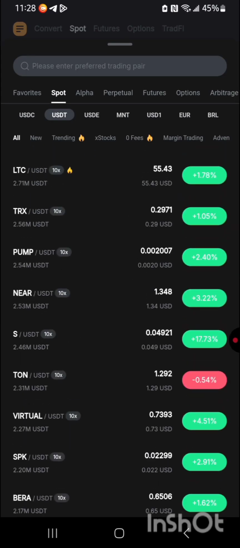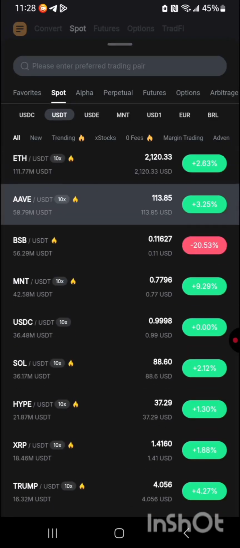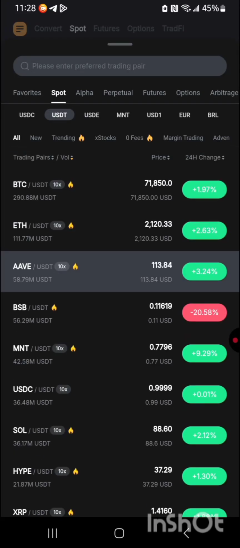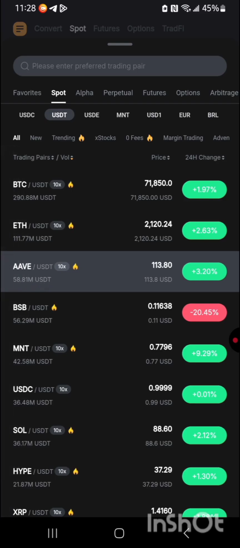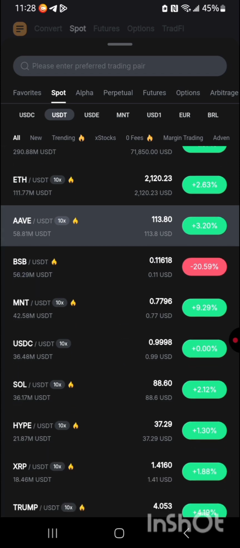Your obligation is to pick any one from there, but make sure the volume is very decent. This one has over 58 million, this one 56 million. Whichever one you intend to use, make sure the volume is quite significant.